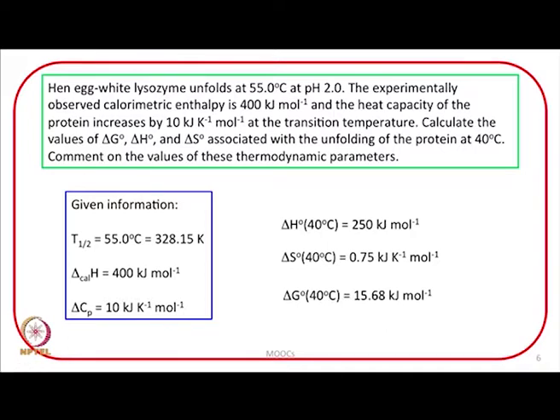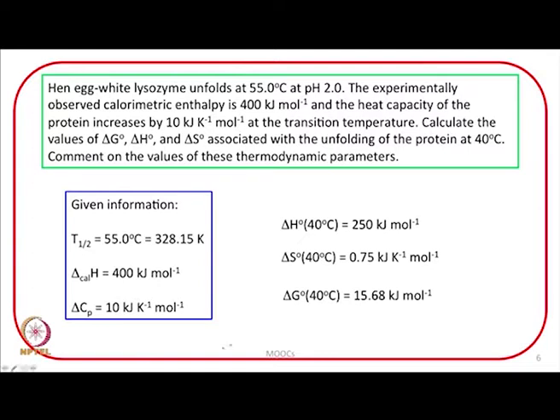A comment can be made over here. Delta G naught at 40 degrees centigrade is coming out to be positive, plus 15.68 kilojoules per mole. A positive change in Gibbs energy means the reaction is not spontaneous.